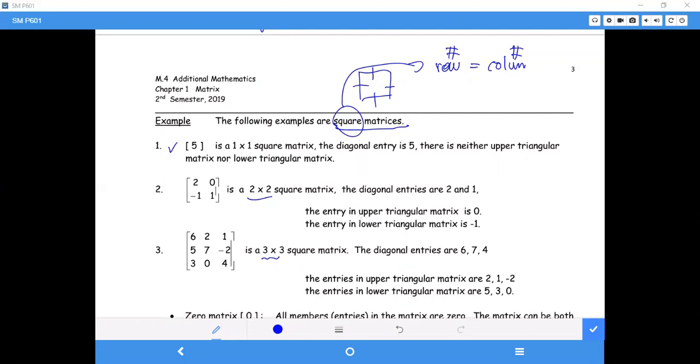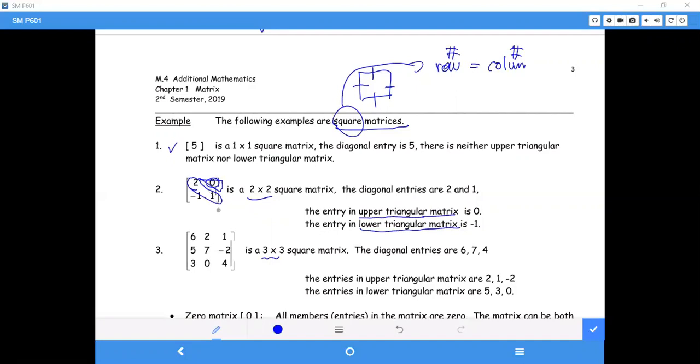We see the words upper triangular and lower triangular. We want to talk about something like this, 2, 1 there. We call them the diagonal of a matrix. If you go up a little bit, you see the 0, and it looks something like a triangle.